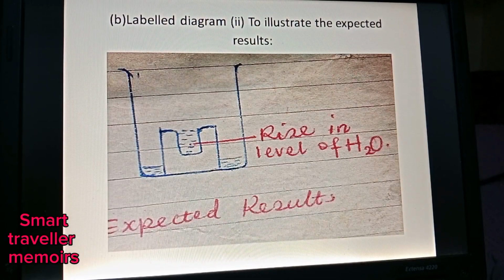Label the diagram Roman 2 to illustrate the expected results. So you can see there is a rise in the level of water. And you can see the expected results.